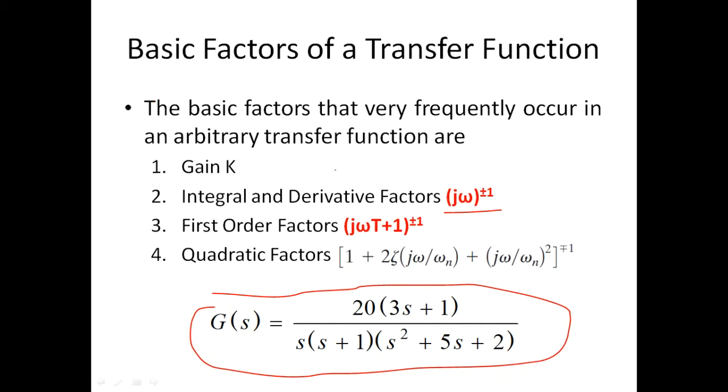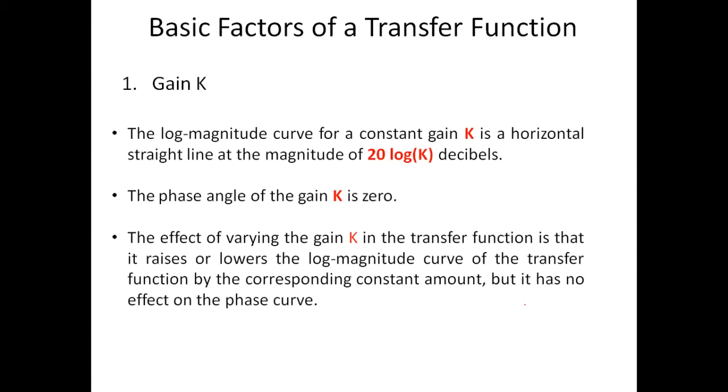We should know how to plot for the gain 20, for 3s plus 1, for 1 over s, for 1 over s plus 1, and so on. So let's start with the gain.